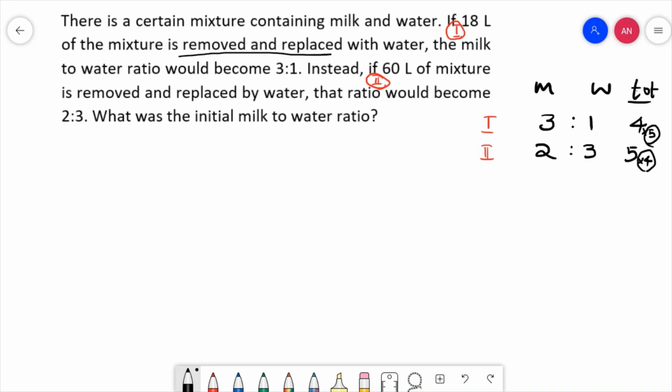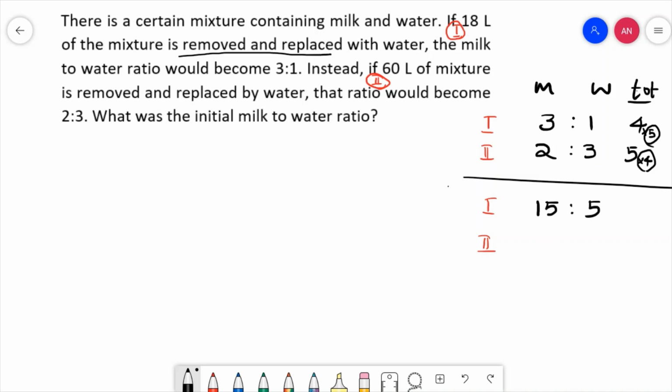If we multiply these numbers by 5 and 4, then the whole ratio will change. So I am going to write just the changed ratios. So we had condition 1 and condition 2. For condition 1, we are going to multiply by 5, so this will be 15 and this will be 5.